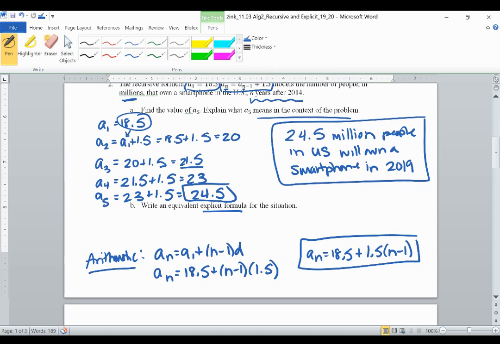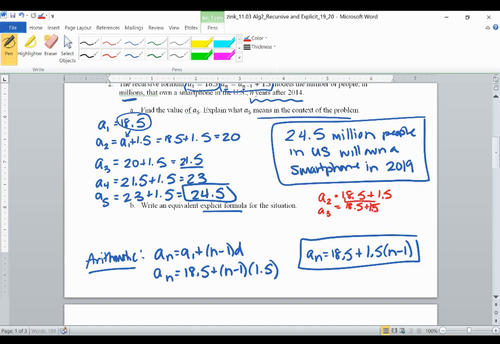So again, the other way of doing it is to kind of look at what was happening. So let me just show you another way of doing this over here. So if you said a sub 2 was 18.5 plus 1.5. A sub 3 is 18.5 plus 1.5, which gave you the 20.